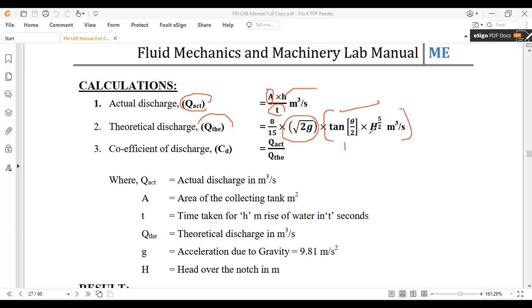Next, h is the head over the notch, obtained from the initial crest level and the final crest level. That should be taken in meters. That value should be substituted here, then you will get the Q theoretical value. Then the coefficient of discharge is the ratio of Q actual by Q theoretical. So this is the calculation part of the calibration of the V-notch.